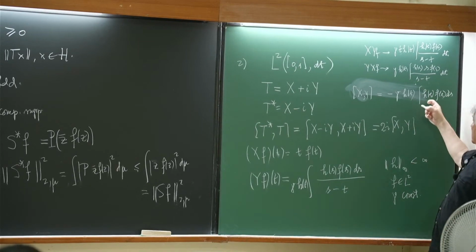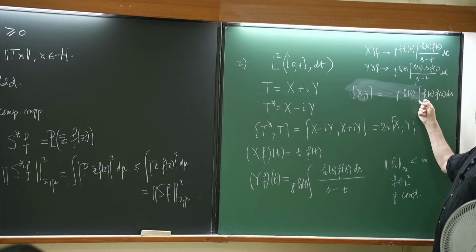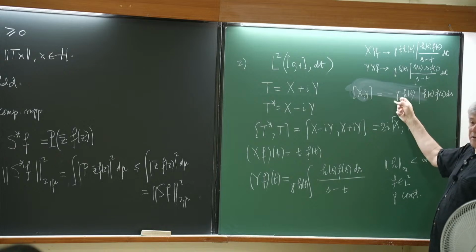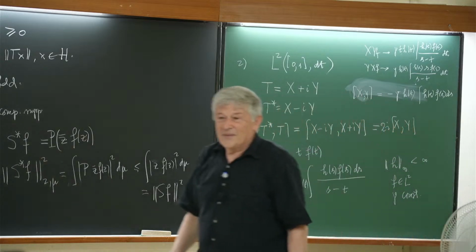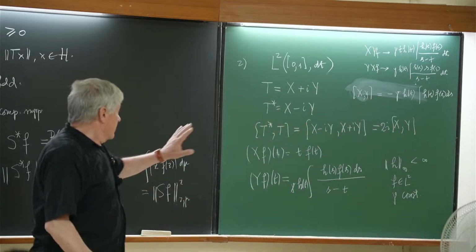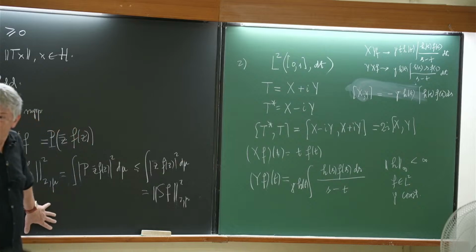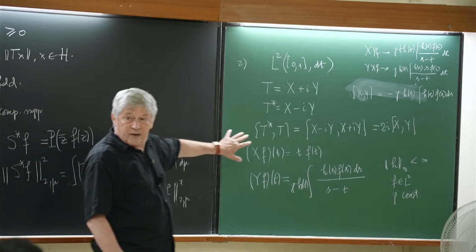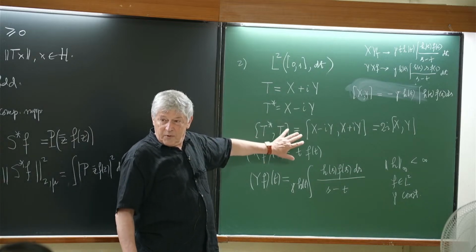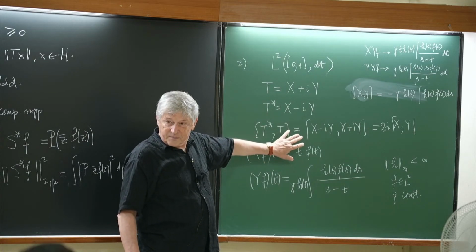So what is this? F inner product with h times h, a rank 1 operator. It's very different from this one. It cannot be subnormal in general, and is the typical example of a hyponormal operator.